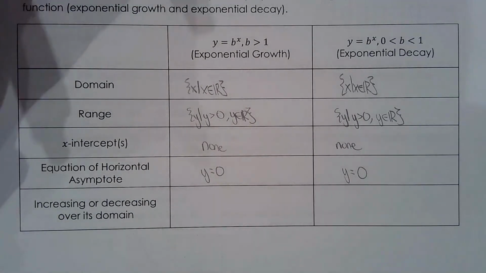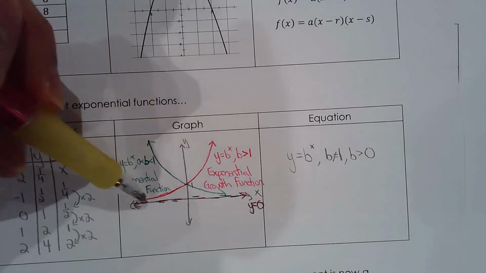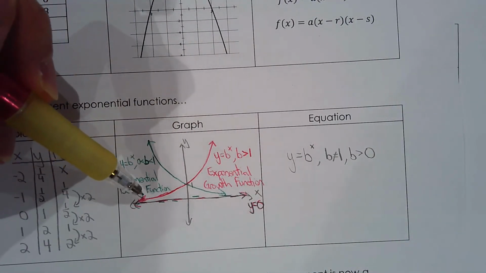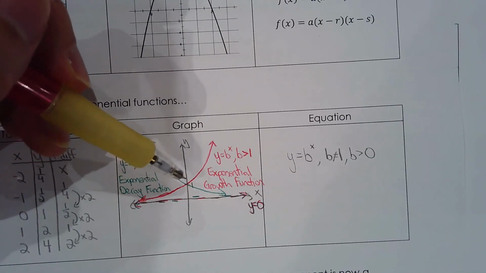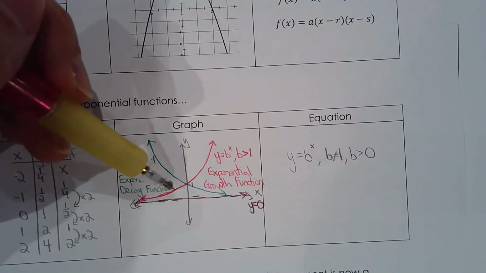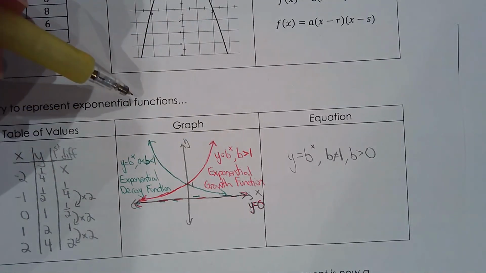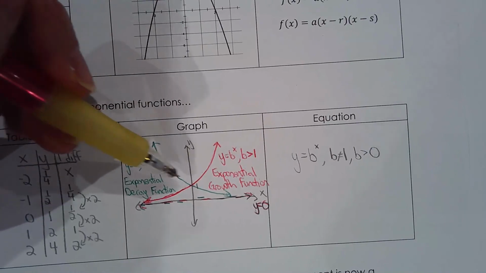Hopefully you can tell even from the name. For the exponential growth function, as you go from left to right, it's very clear that it's increasing. As you go from left to right, it's always increasing. Whereas for the exponential decay function, as you go from left to right, it's always decreasing.